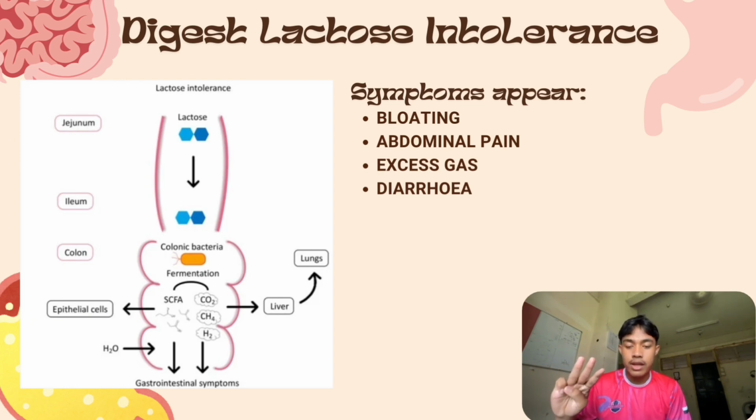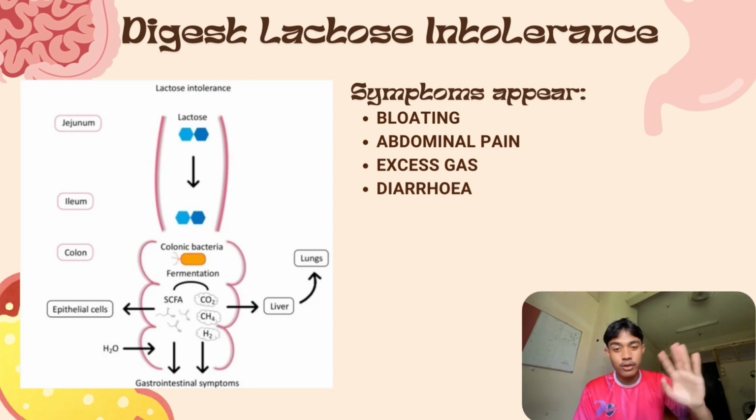Third, excess gas. And fourth, diarrhea. This is all because lactose was not digested properly. So, in conclusion, lactase deficiency leads to undigested lactose, and bacterial fermentation plus water influx produce digestive symptoms, that is lactose intolerance. Thank you.